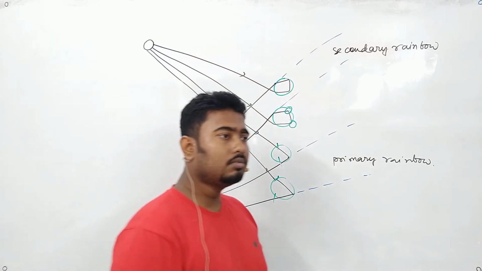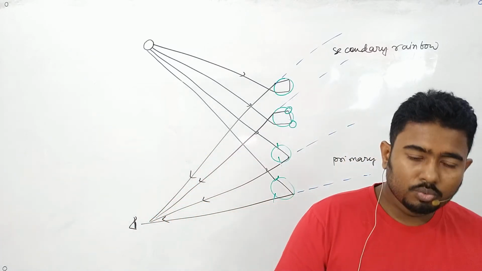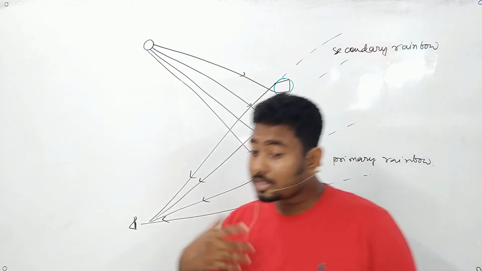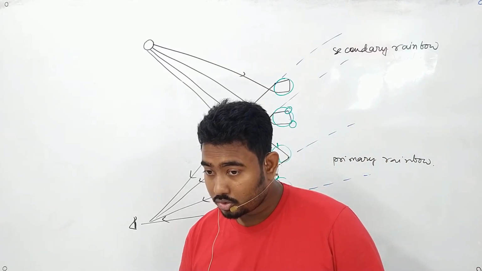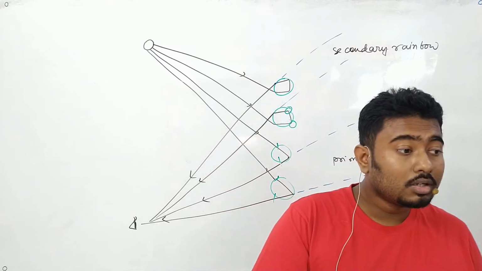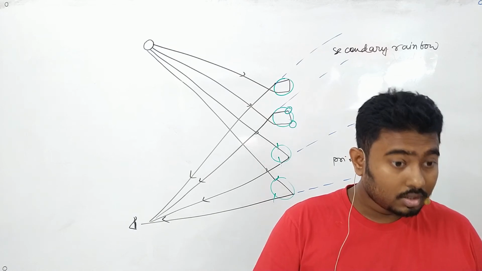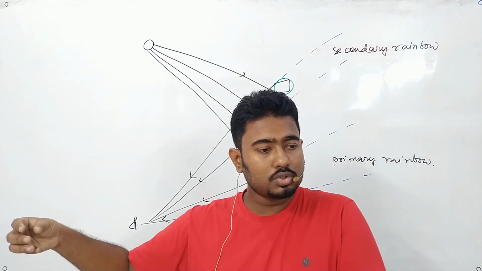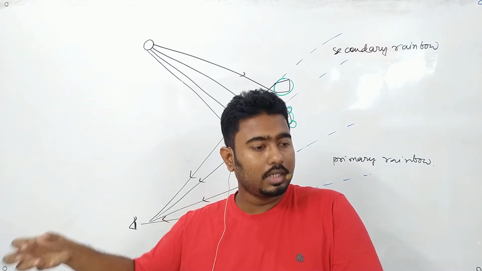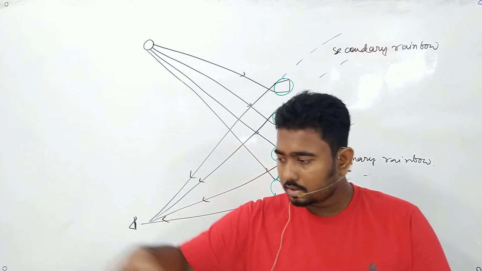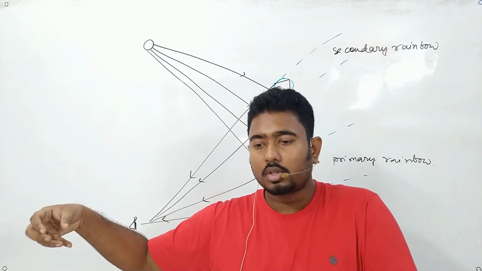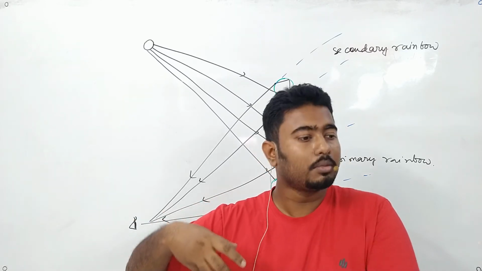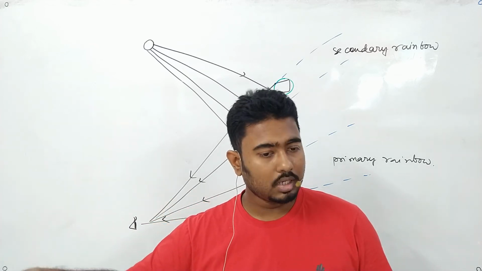The case in which we have less energy lost, will it be more bright or less bright? Less energy lost, so the final ray will be more bright. If I lose 10%, I am left with 90%. And if I am moving a ray like this, if I lose 30%, I am left with 70%, which is less.